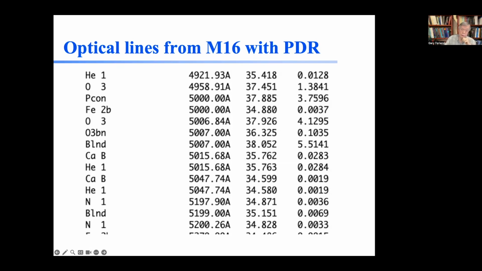This is the relative intensity, and it's conventional in spectroscopy to give a line ratio of the line you're looking at divided by a common reference line. In the optical, it's frequently H beta. In mid-IR, it may be the carbon-2 line. This tells you that 5007 is 5.5 times stronger than your reference line.